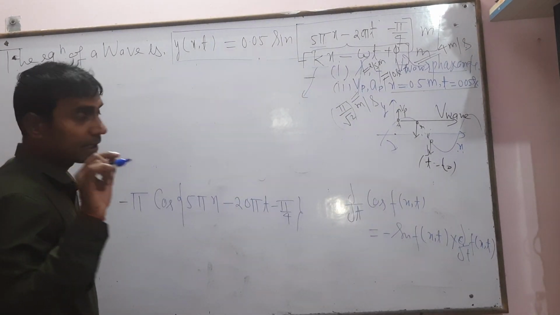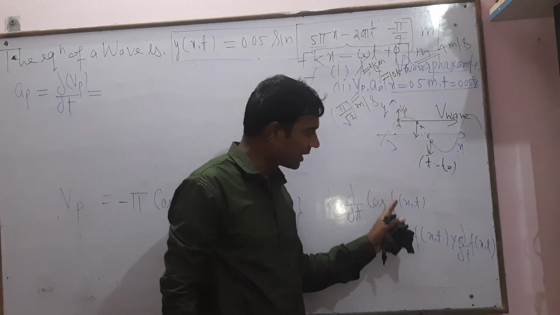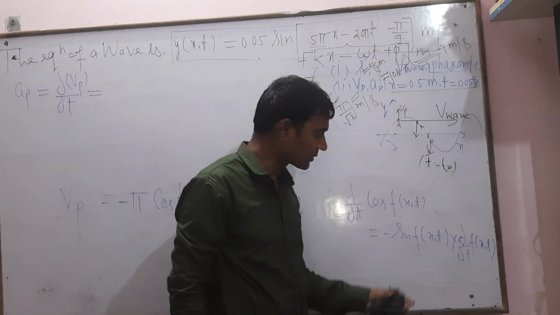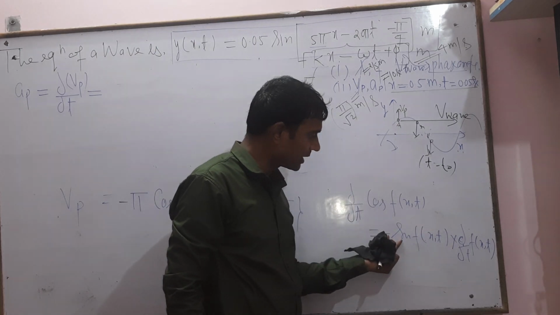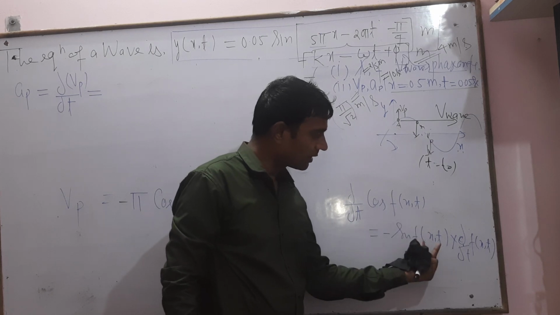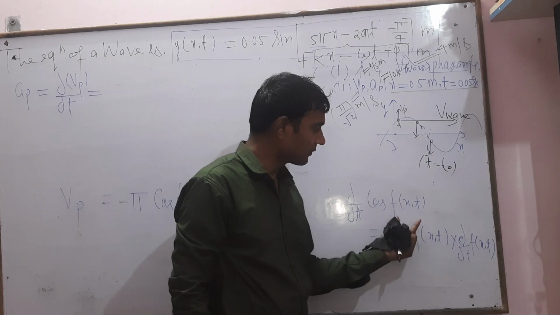That concept will be applied here. This is partial differentiation, so minus sin f(x,t) into ∂/∂t of f(x,t). This is the formula.